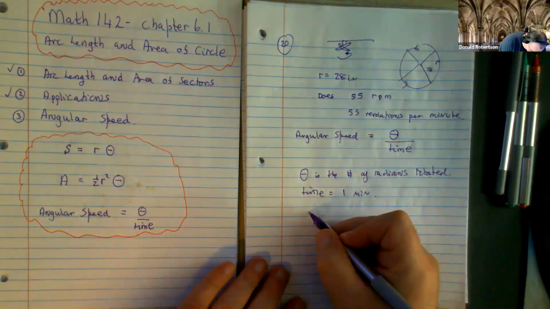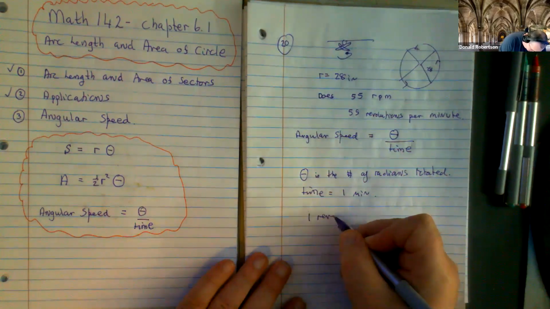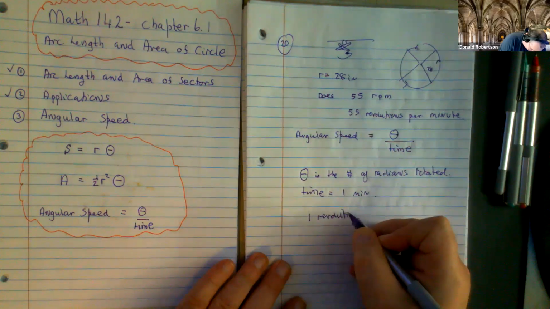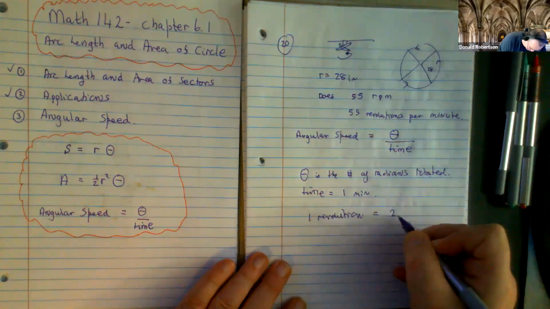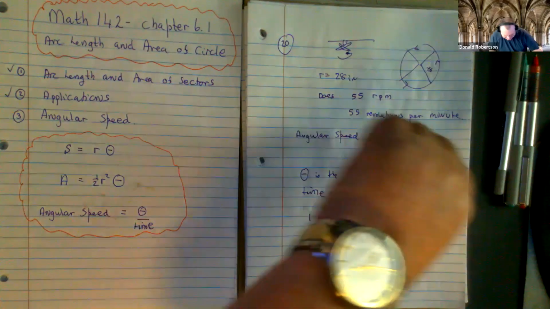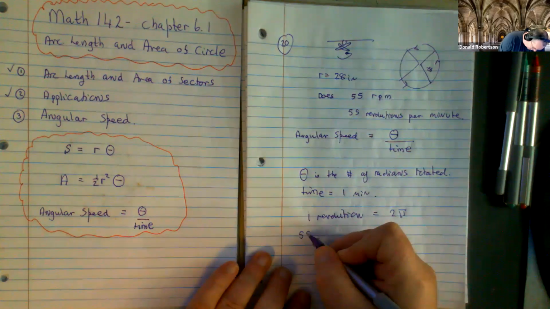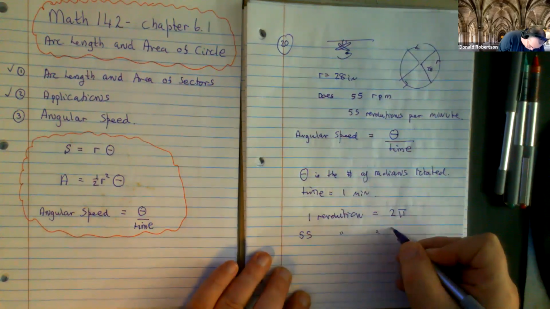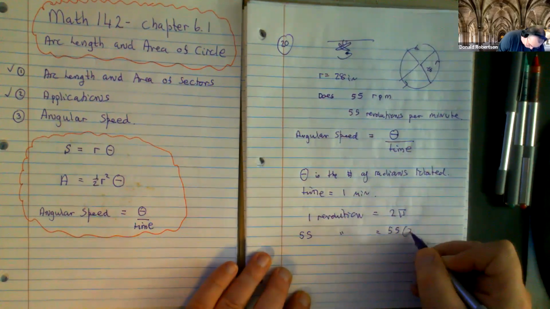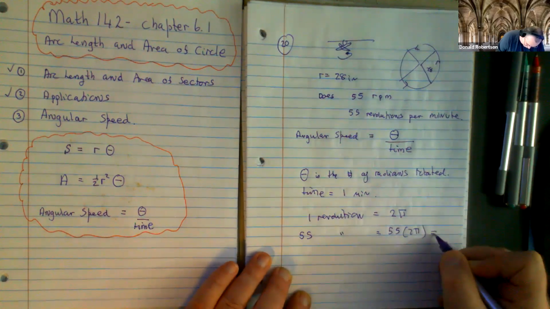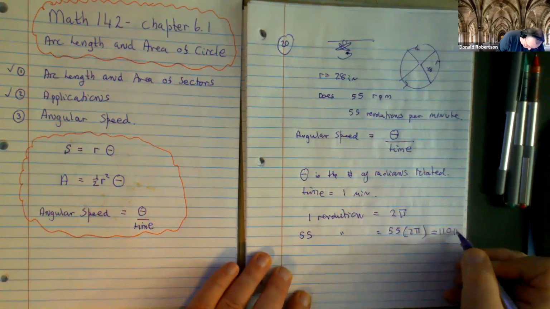Well, here goes. In one revolution, wouldn't this fan rotate 2 pi radians? In 55 revolutions, then won't it go 55 times 2 pi, which is 110 pi.